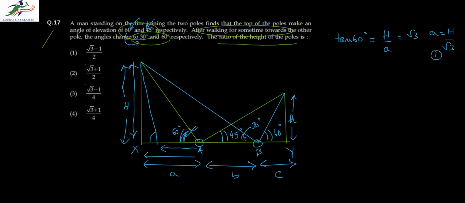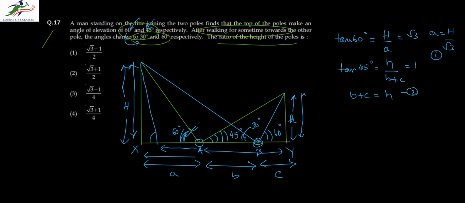So this is one equation, and then we take the second one at the same point, which is tan 45. Tan 45 is equal to the height of the small pole divided by the distance from A to Y. So the height of the small pole is small h, and the A to Y distance is B plus C, and tan 45 we know is 1. Therefore B plus C is equal to small h. So we get the second equation.